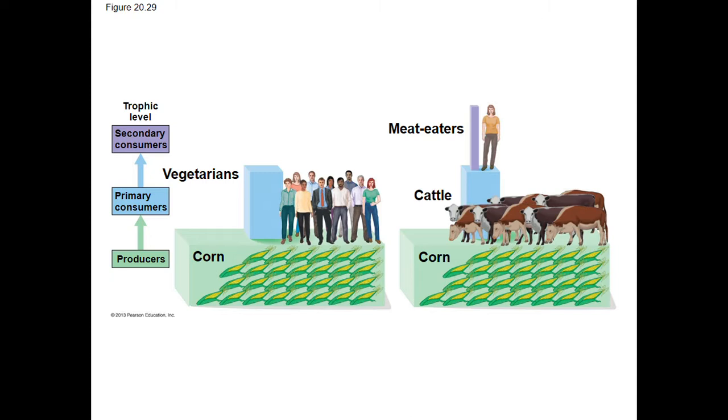However, when you go up another level, so let's look at the second picture now, 10% goes to the cow's growth. So then out of every 100 grams of meat of the cattle that you eat, only 10% of that is going into your growth. So from the corn, you're only getting 1%.